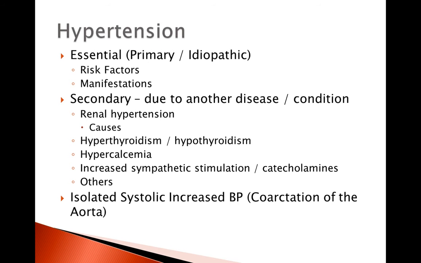Now, we can break hypertension down into two main categories. Essential or primary is often idiopathic, meaning there's no known cause. Remember that I've had that term before. Idiopathic is no known cause. Risk factors include things like family history, age related.